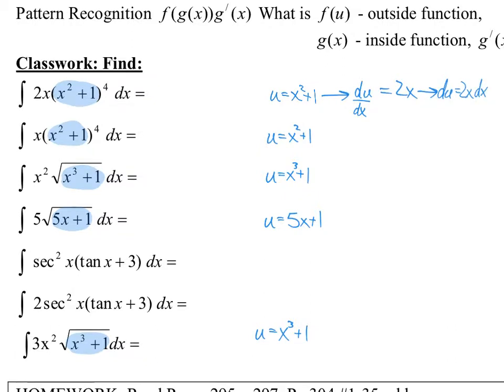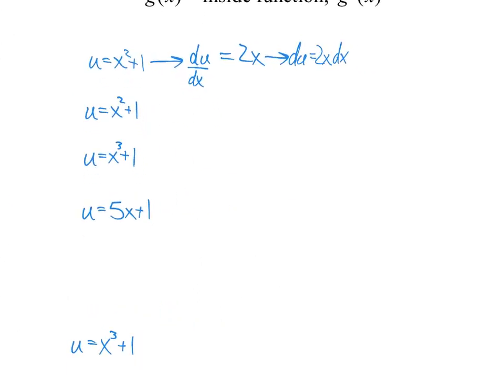Okay? That's not too bad. How about, well, the next one's exactly the same, okay? Du is 2x dx. How about the next one? Du equals 3x squared dx, okay? Very quickly, we should get to the point where we don't have to write du over dx and then multiply both sides by dx.